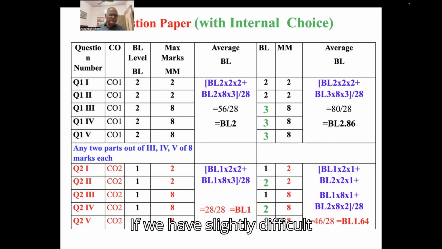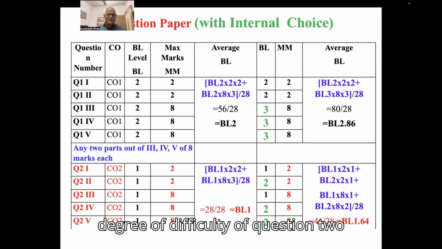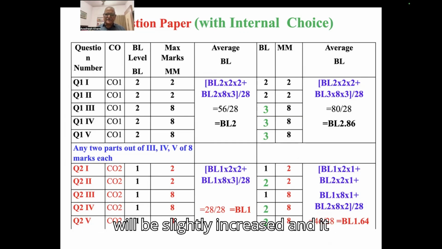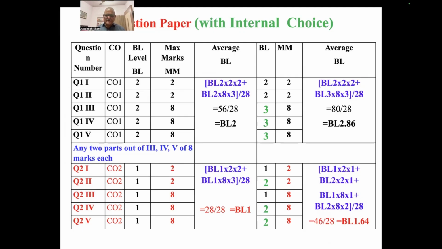But if we have slightly difficult questions, 2.2, 2.4 and 2.5 from BL1 to BL2, then the degree of difficulty of question 2 will be slightly increased, and it becomes (BL1 into 2 into 1 plus BL2 into 2 into 1 plus BL1 into 8 into 1 plus BL2 into 8 into 2) divided by 28, that is BL 1.64.